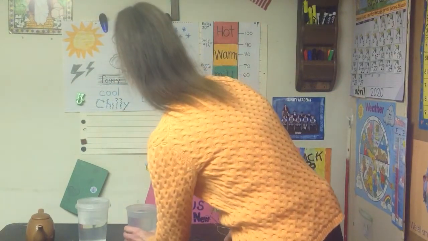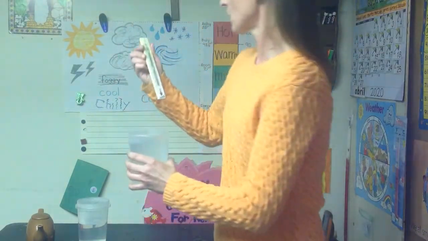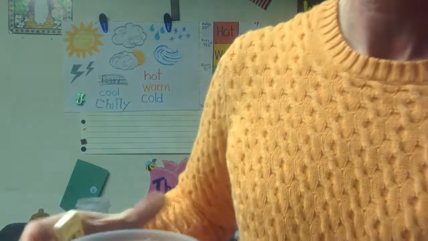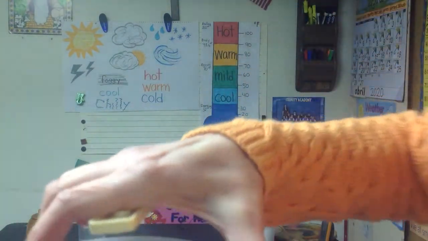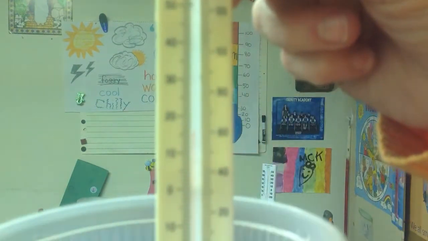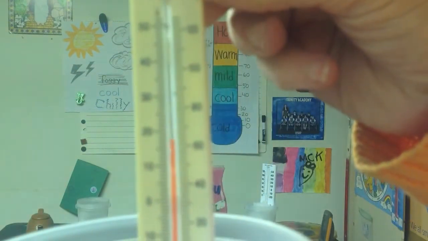Okay. Go back to the other thermometer, and right now it is below 60. So we're looking at the left side where the Fahrenheit is. Let me get a good position for you. Let's see if it goes up. It might just stay where it is. Let's watch. There it is.